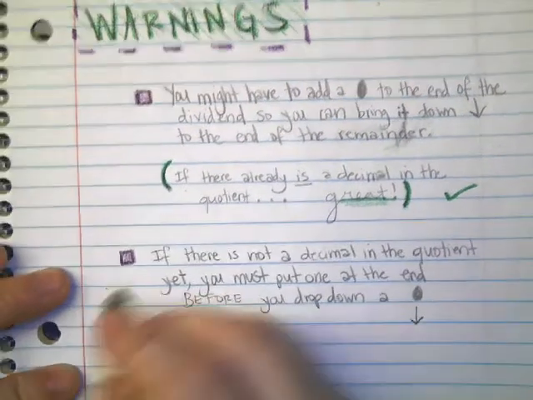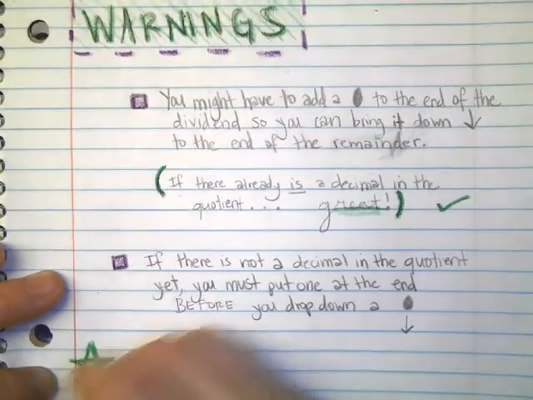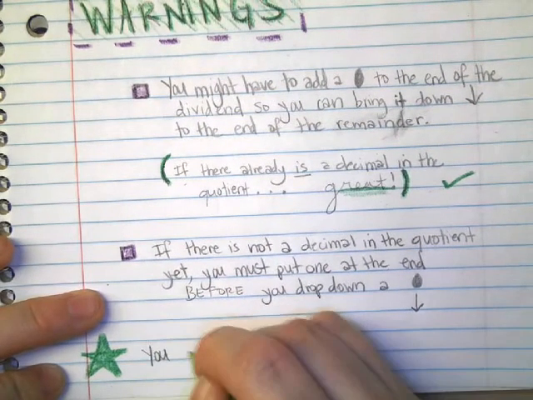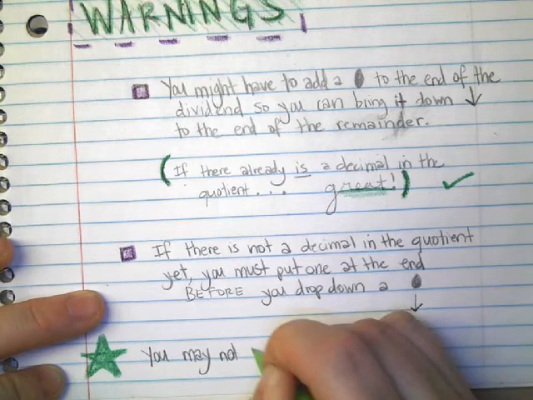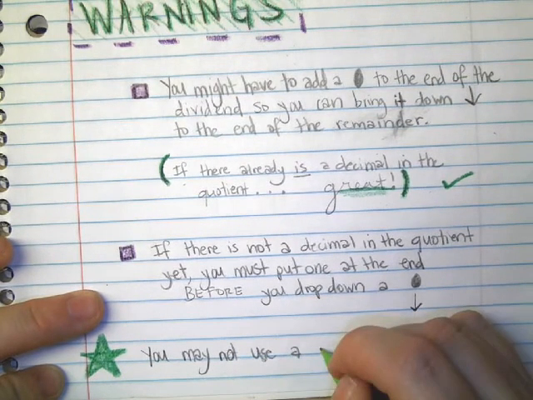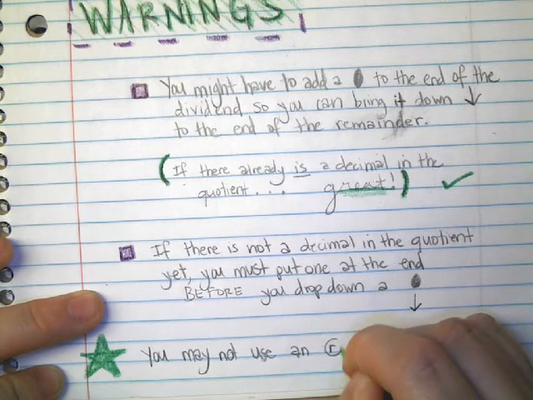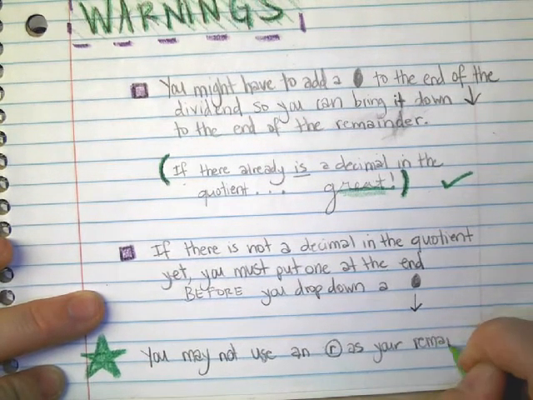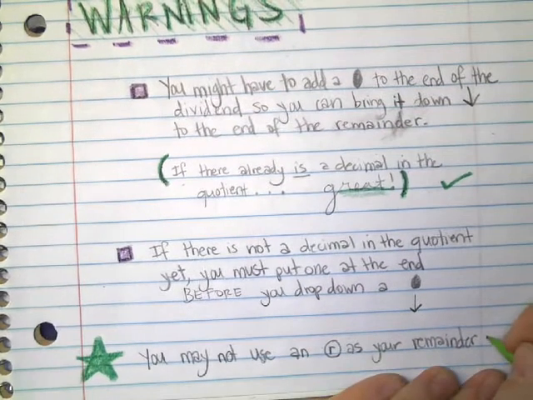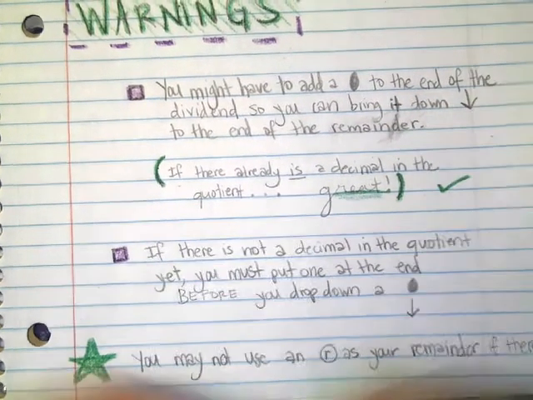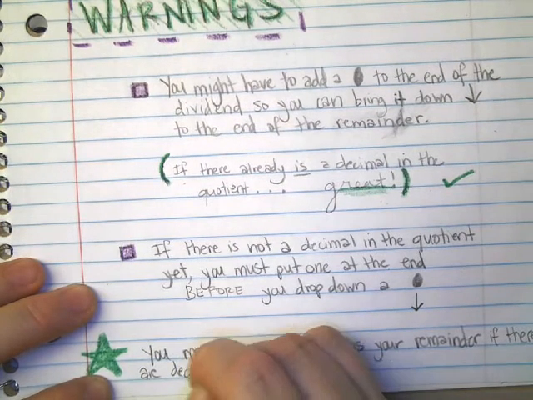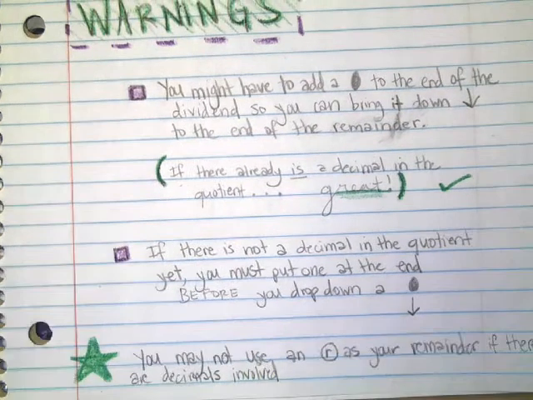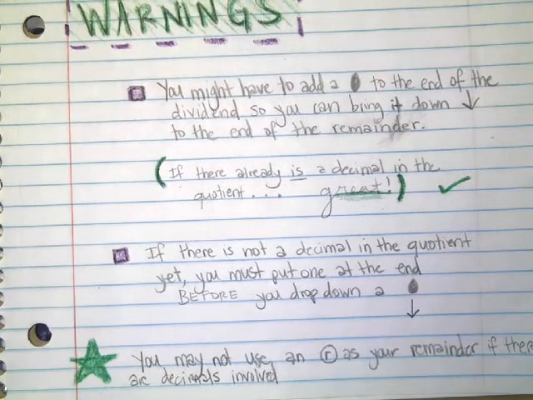And then just another little reminder. We're going to do this one green, and I'm going to make it a star. So I'm going to make it a pretty big star. A reminder is you may not use an R as your remainder if there are decimals involved.